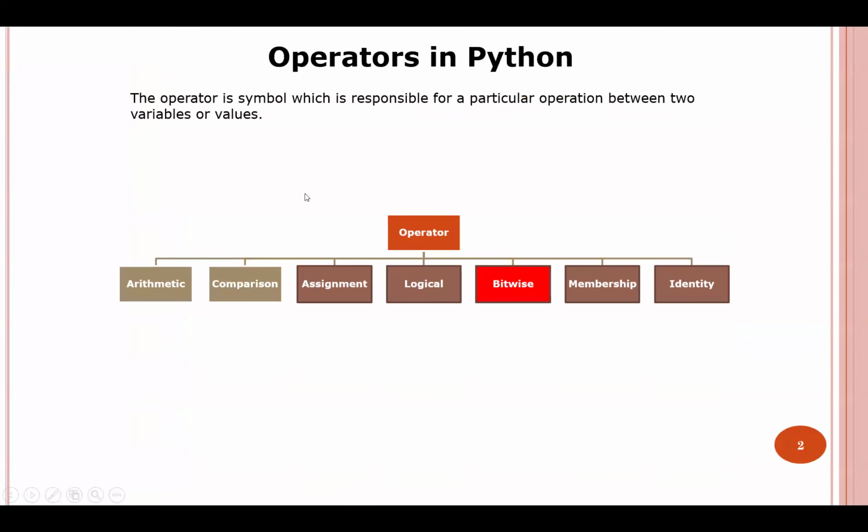So we already started in our previous session. These are the operators we have. There are many places where we are using operators. We have arithmetic, comparison, assignment, logical, bitwise, membership, and identity.